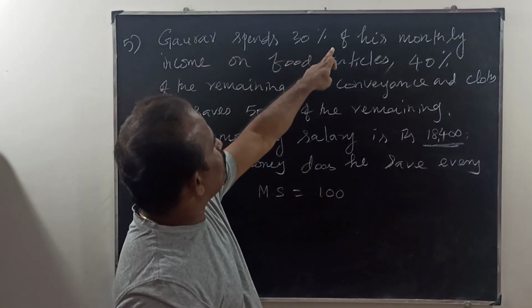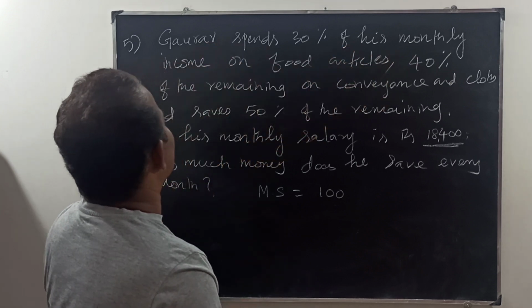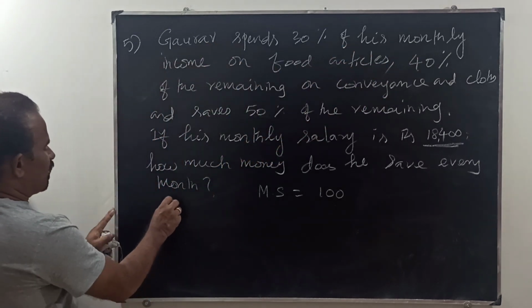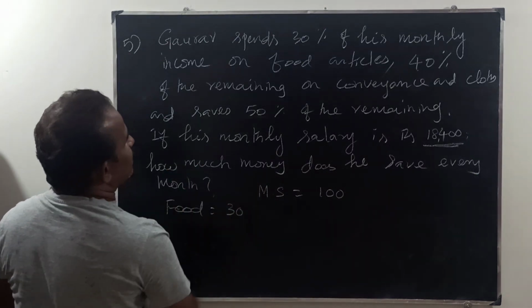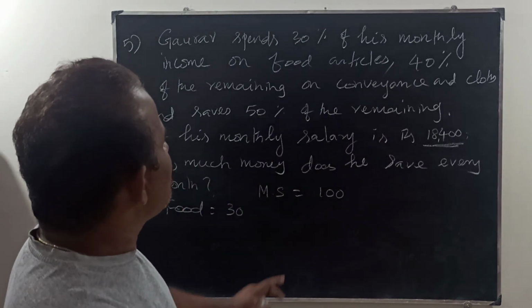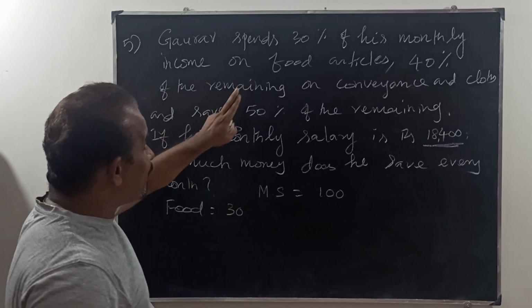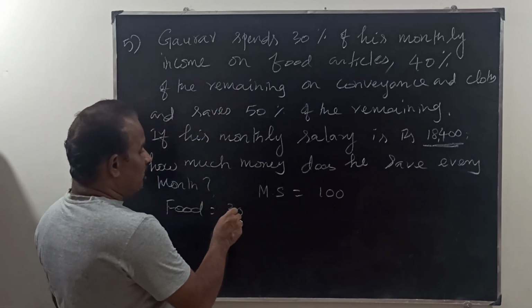Gaurav spends 30% of his monthly income on food. So for food, 30%, that is 30 rupees he is spending. 40% of the remaining, that is most important.